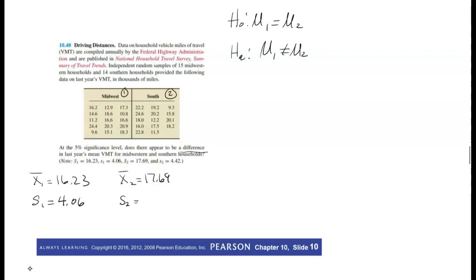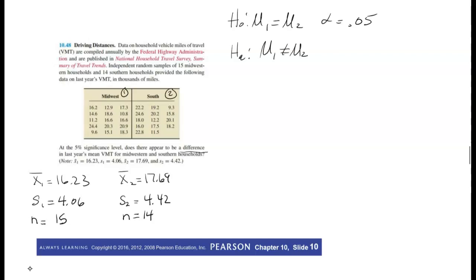The standard deviation is 4.42. Don't forget your size. The size of population 1, I believe, was 15, and the size of population 2 is 14. Other information, of course, we have our significance level is 0.05.